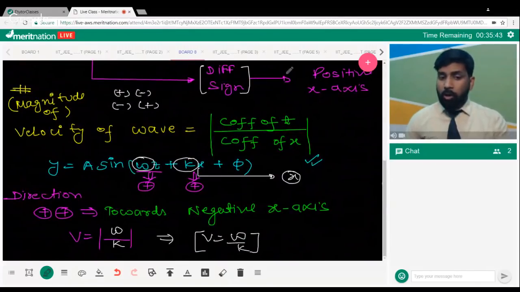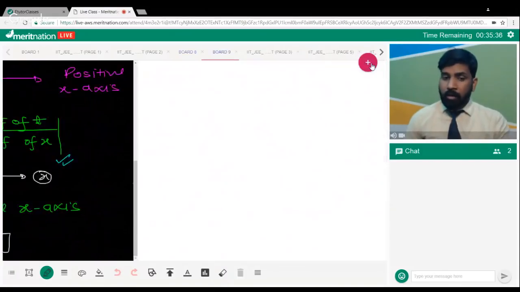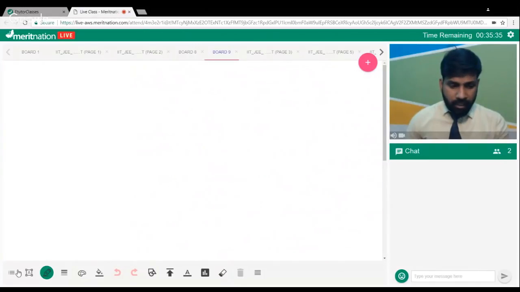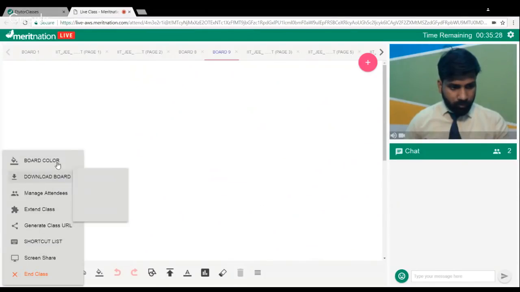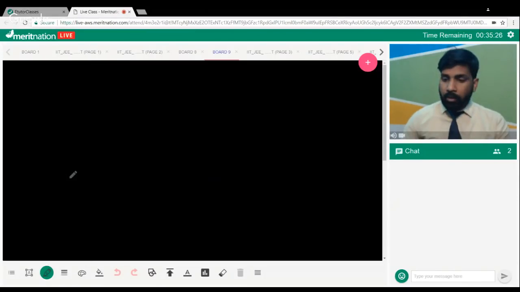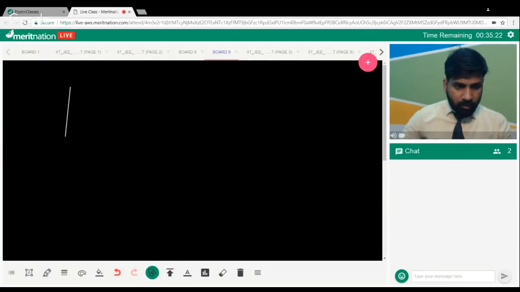Now let's talk about the velocity of particle. How can we find out the direction of velocity of particle as well as the magnitude? Let me show you here. Okay, if we talk about the particles, suppose let us take here a particle first.